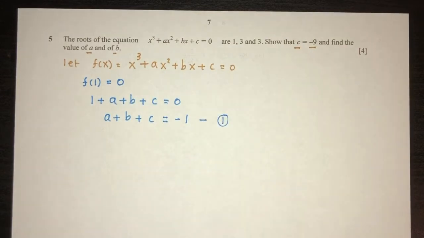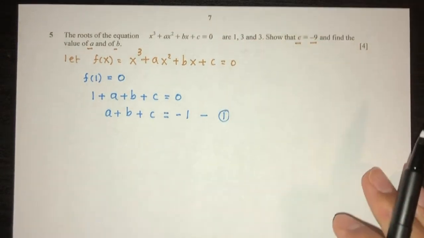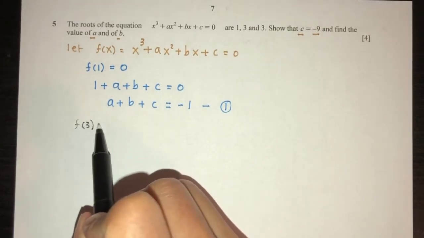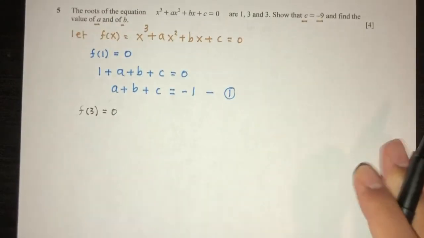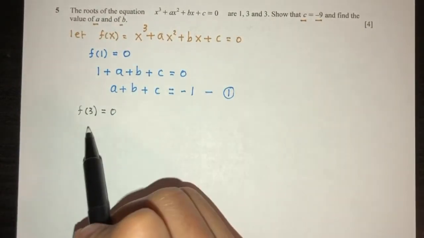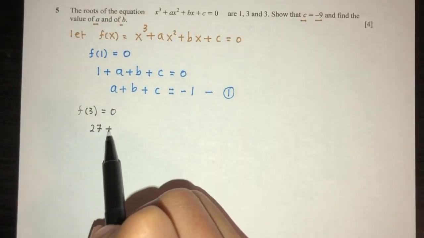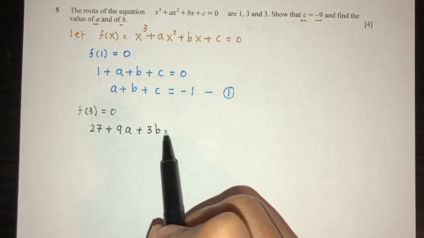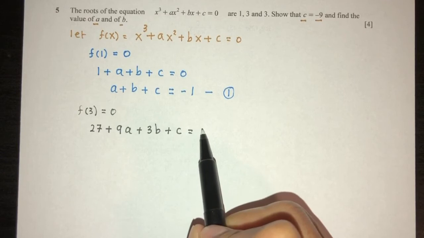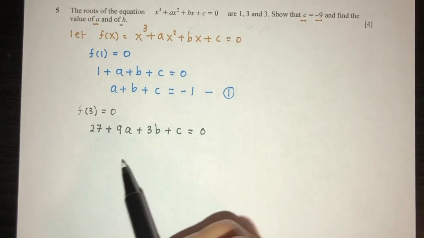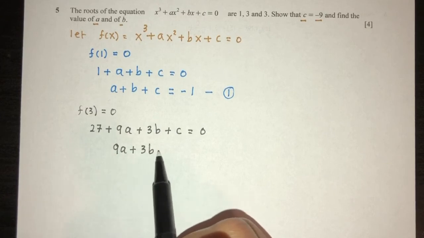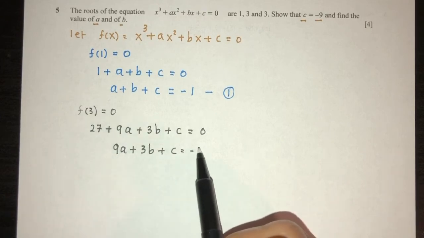The next one we can have is for the other root. So we know that f of 3 is also 0. That will give you 3 cubed is 27 plus 9a plus 3b plus c has to be 0. Now if you simplify, you will have 9a plus 3b plus c equal to minus 27.